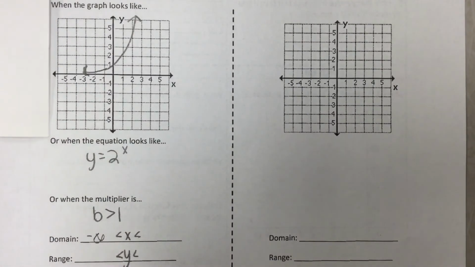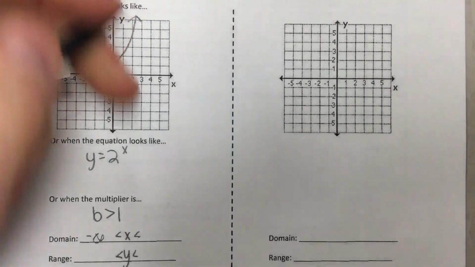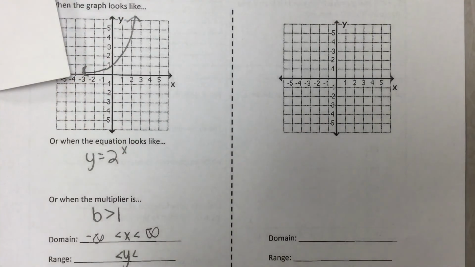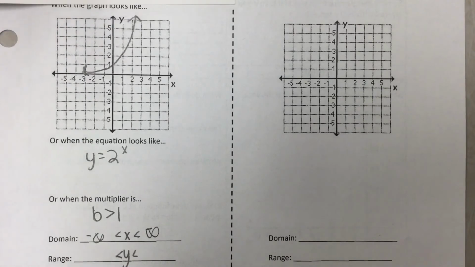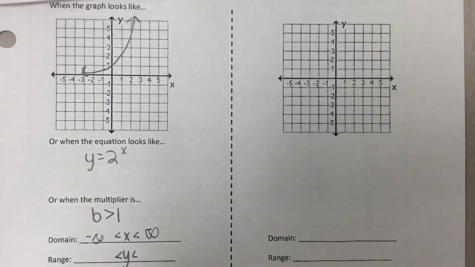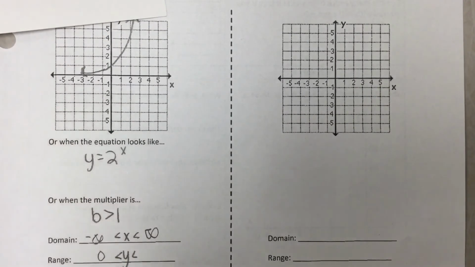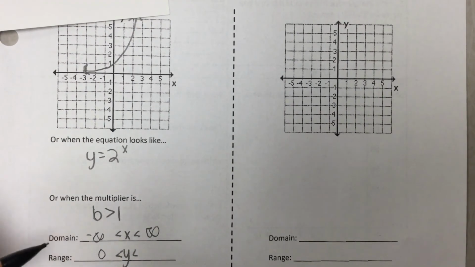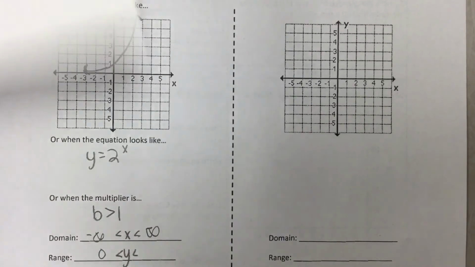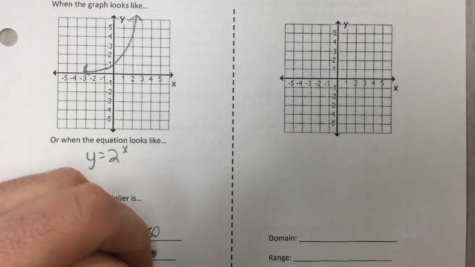How far right does it go, moving from left to right? It looks like it stops here, but again I have an arrow, so it would keep going to the right forever as well. So all real numbers, negative infinity to infinity. In regards to the range, how low does it get? It looks like it stops about there, but we know it's getting really, really close to 0, but never actually touching it. So I'm going to put a 0 there, but I'm not putting the equal to because it will not equal 0. And then how far up does it go? Well, there's an arrow, so it's going to go up forever, to infinity.